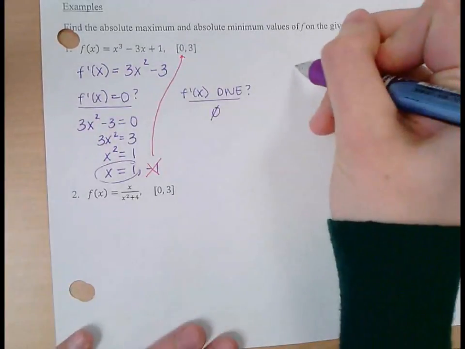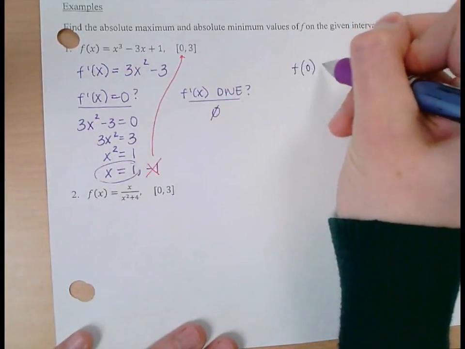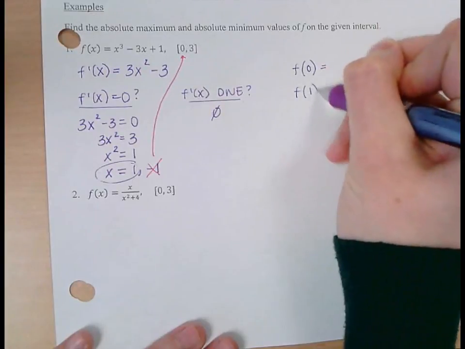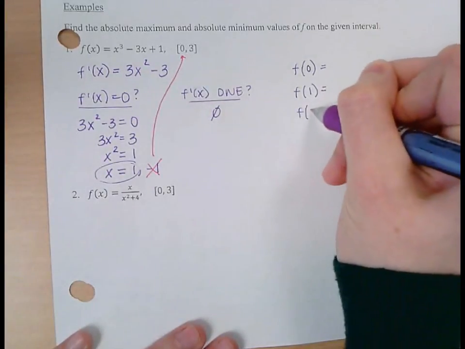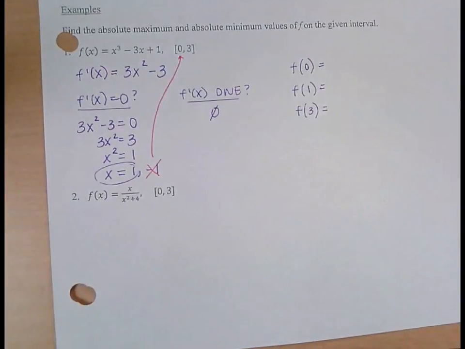So now I'm going to find f of 0, f of 1, and f of 3. So an absolute max or min can occur at a critical value or at an endpoint. And so then I'm just finding which of these three function values would be the largest, which would be the smallest. That's my absolute max and my absolute min.